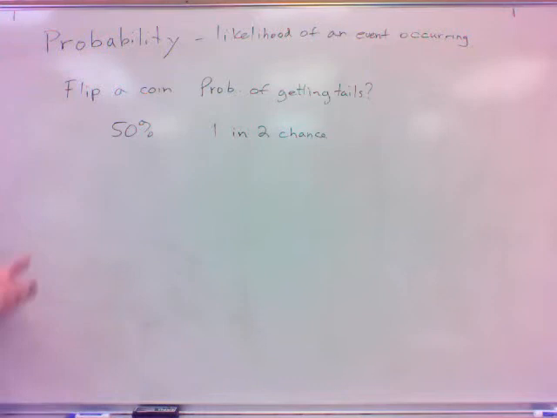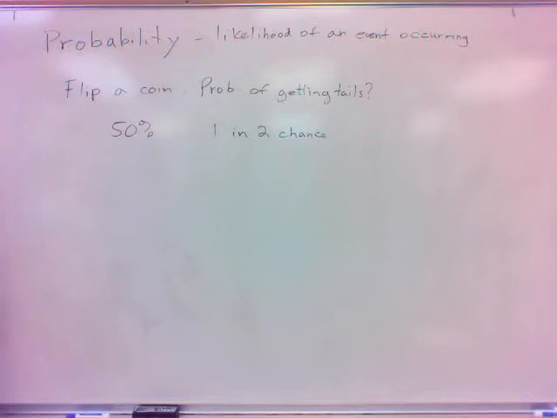Some others I've had, 50-50. What's the probability? It's 50-50, which obviously goes hand in hand with 50%. 1 in 2 chance, 1 out of 2. Different ways you can state probability.